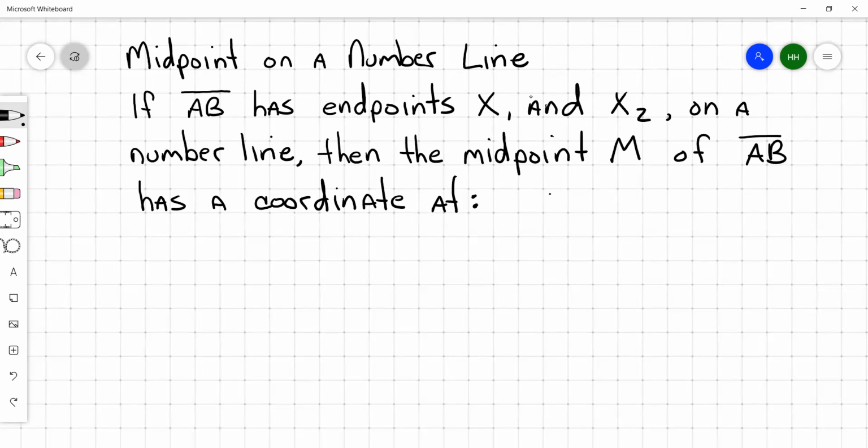You take the value of your x sub 1, plus the value of your x sub 2, and you divide it by 2. That's when you're finding the midpoint on a number line.